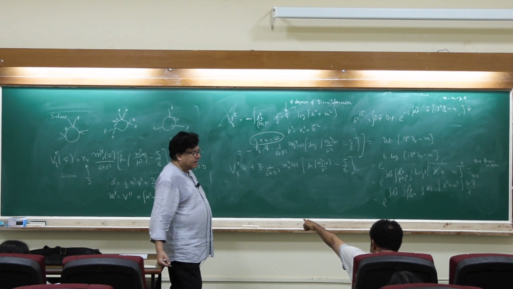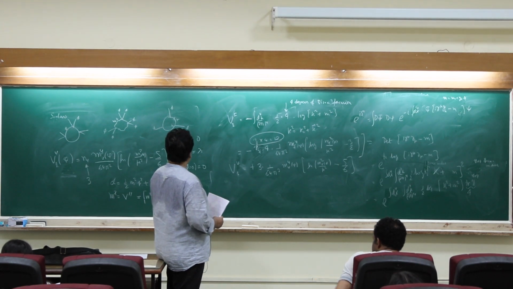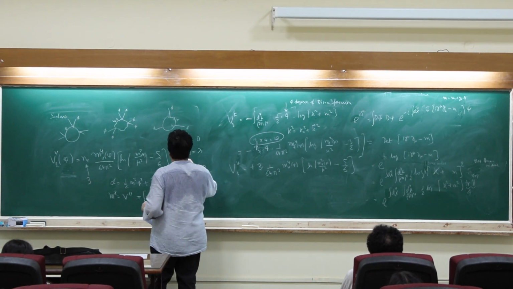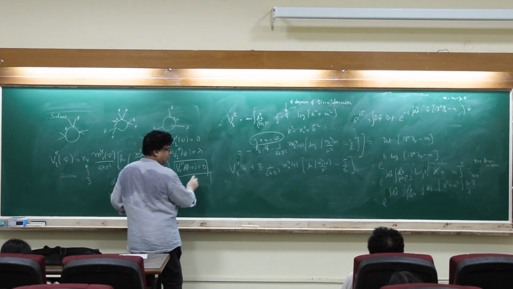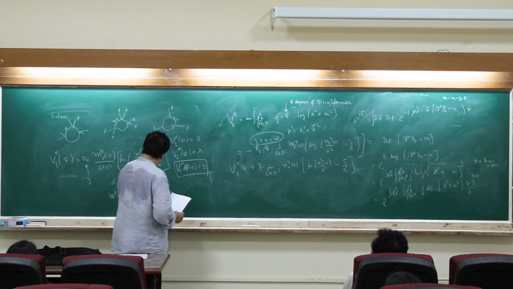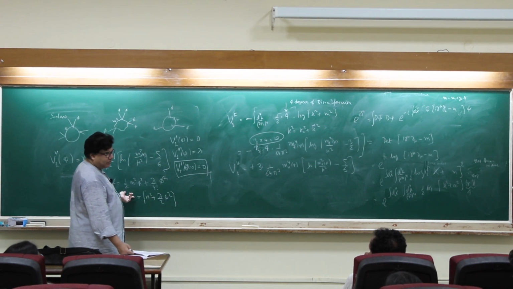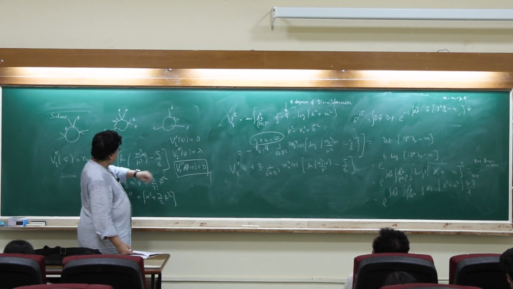Yeah. And I think that's coming from the V double prime at phi equal to 0 condition. Yeah, the third one. It comes from this condition. So that forces the m square to be 0. Yes. So this is a different type of boundary condition. When you put it, you will get 25 by 6. Yeah.